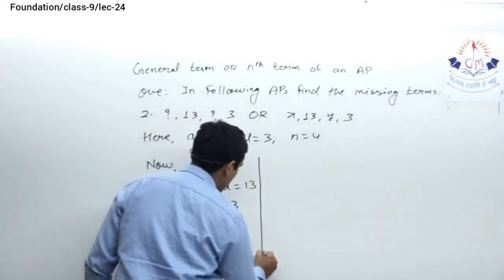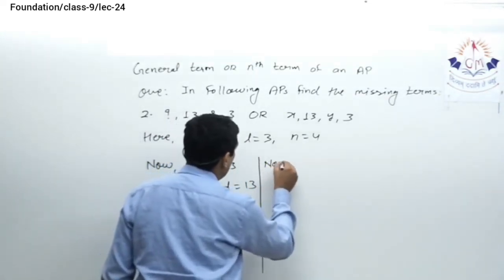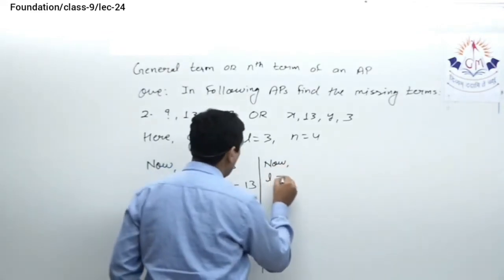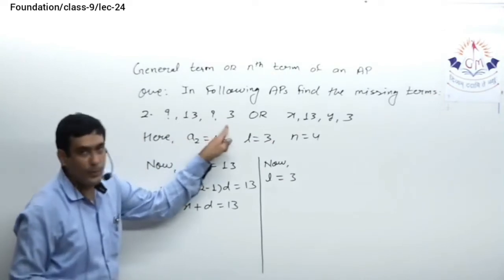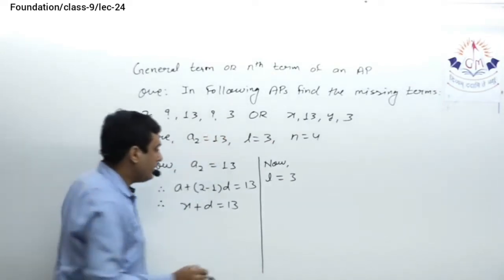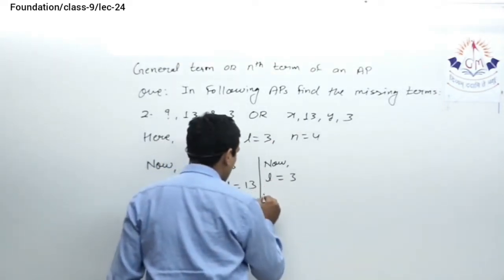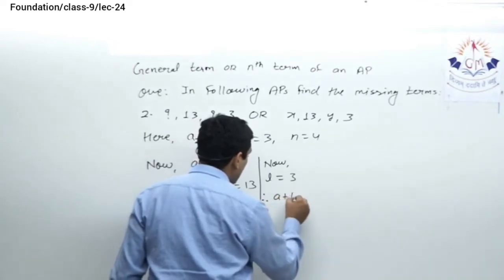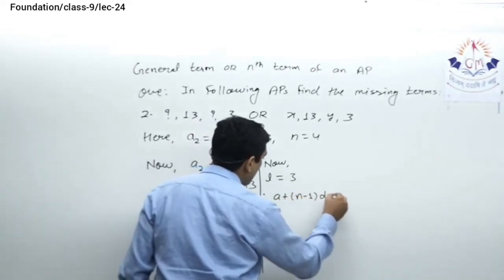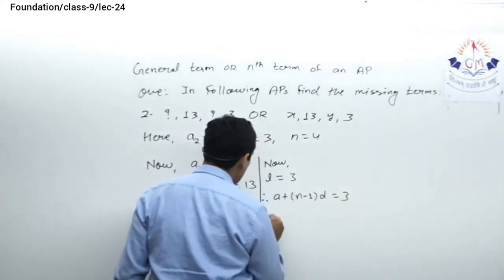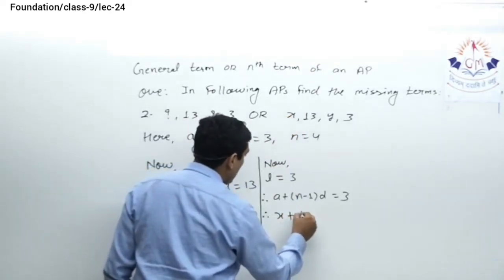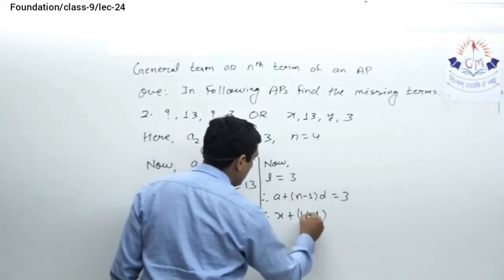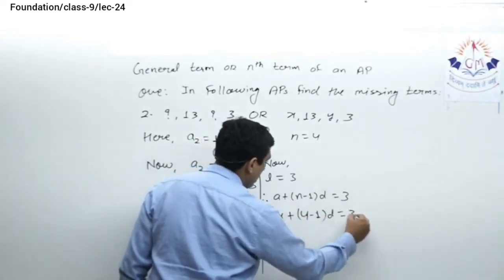Now L is equal to 3. That means the last term of this AP is 3, isn't it? The formula of the last term is a plus n minus 1 into d is equal to 3, and the first term is x. So x plus 4 minus 1 into d is equal to 3.